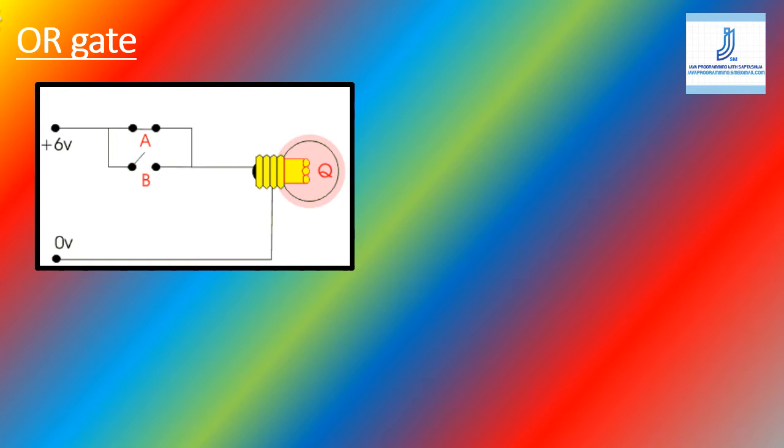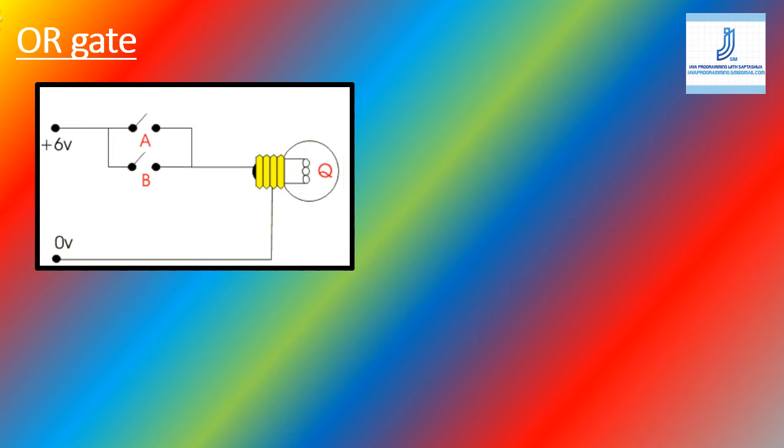Now when you switch any one of the switch on, either A or B, then the bulb glows, and if both the switches are switched on, then also the bulb glows. The bulb is switched off only when both the switches are turned off.